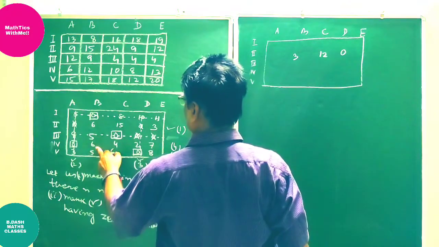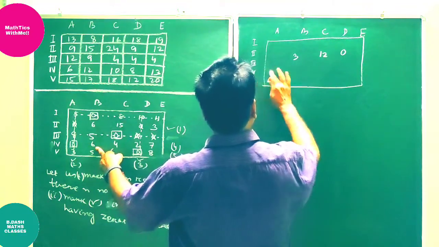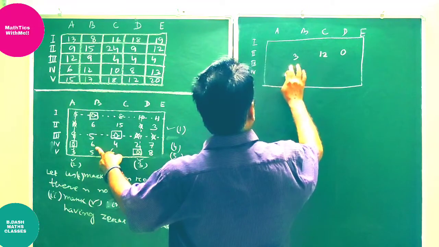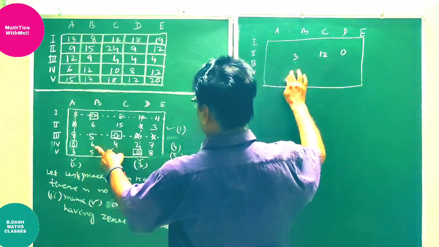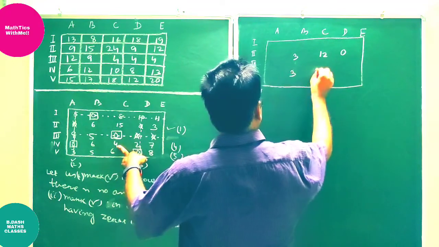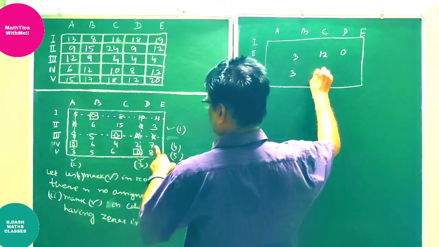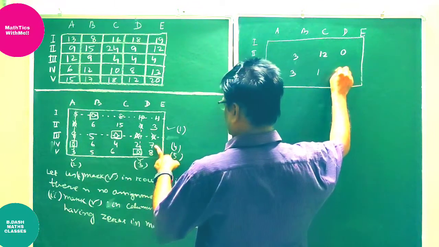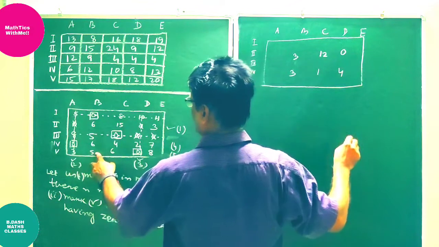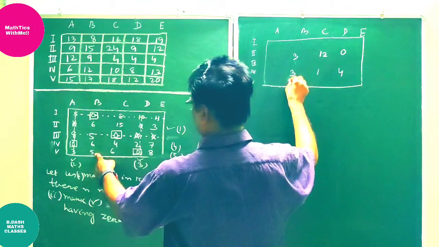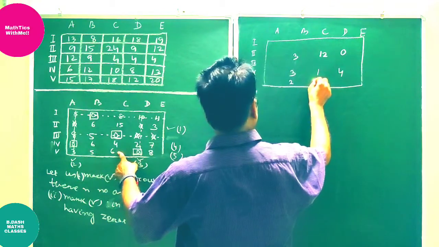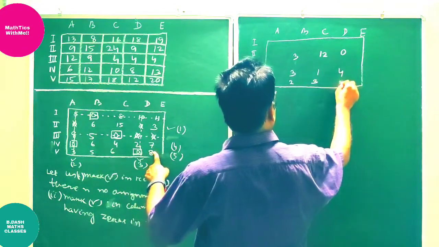Now this will be 4. This will be 3. Now this is 1 and this will be 3, and this will be 2, this is 3, this is 5.